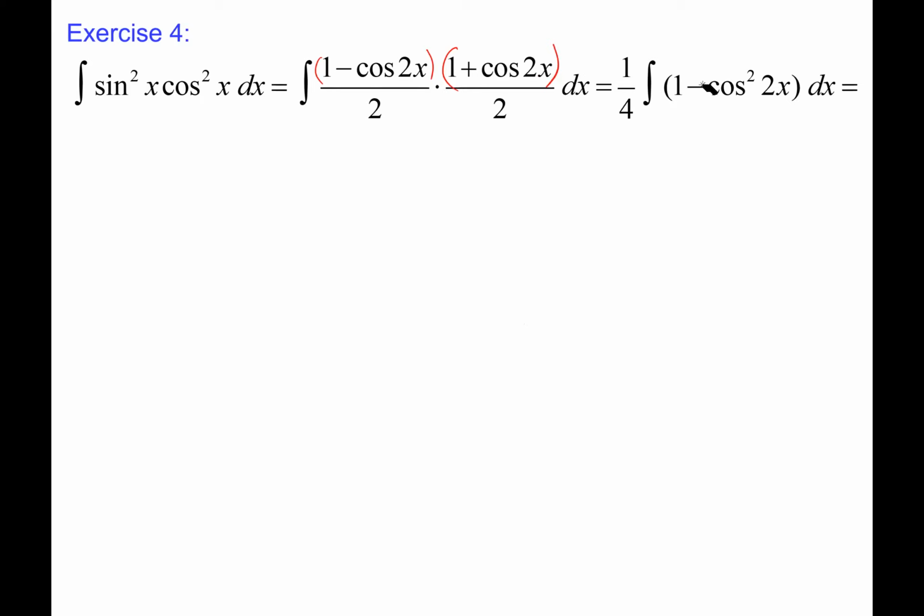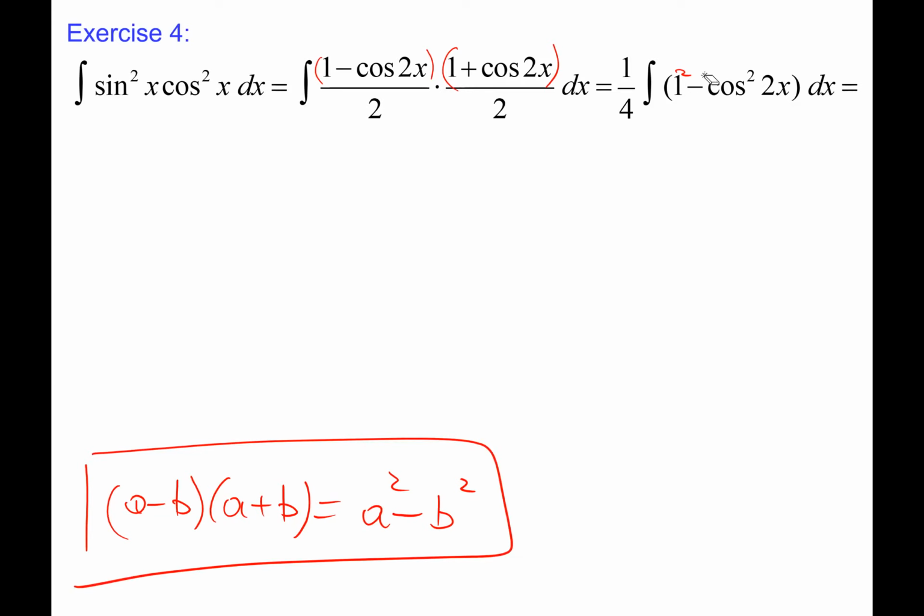I am assuming that you know where this comes from, because I have 1 minus cosine of 2x times 1 plus cosine of 2x, which is like (a minus b) times (a plus b). Simply a squared minus b squared. I square the first quantity, I square the second quantity, and minus.